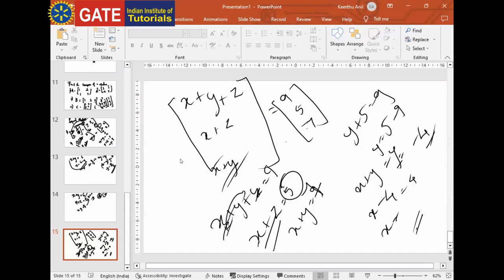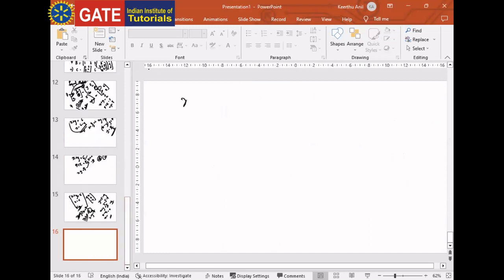If I should write it again, I'll write it once. x plus y plus z is 9. Here x plus z is 5. Now x plus y is given as 7.